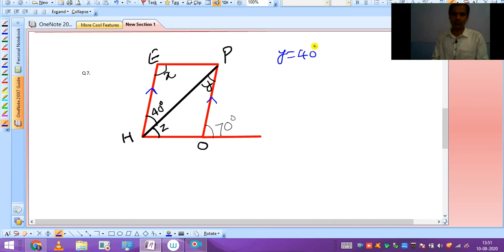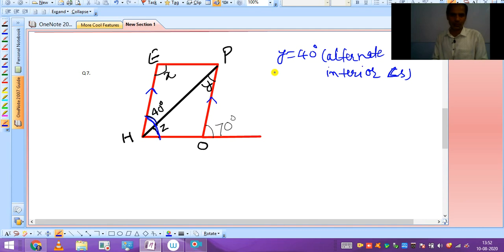Now y equals 40 degree, you can write alternate interior angles. This is the symbol of angle. So we have found y very easily. Then the value of z can also be found. As you can see, if you make the total of 40 plus z, it will be 70 degree, because these are corresponding angles.